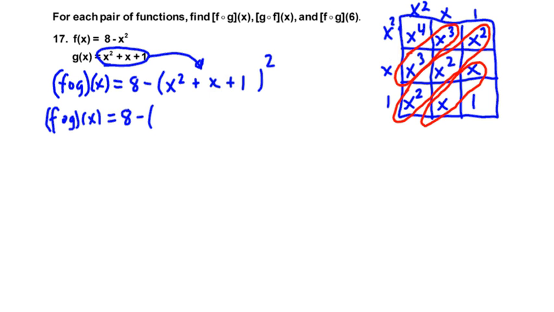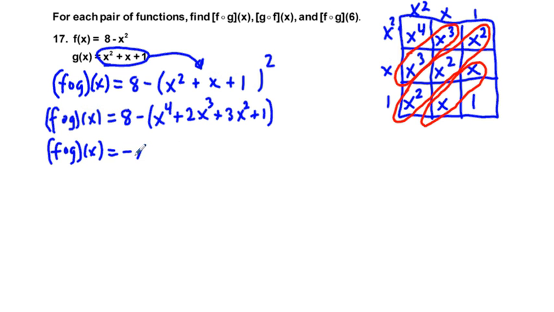So writing all this out, we get x to the 4th, we have 2x cubed, we have plus 3x squared, and finally we have plus 1. And working this all out, we're going to have negative x to the 4th, and we're going to have minus 2x cubed.